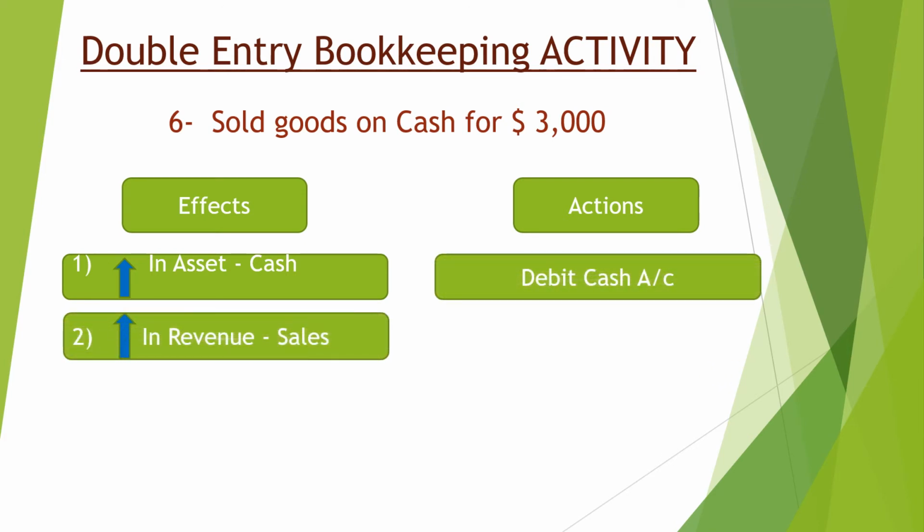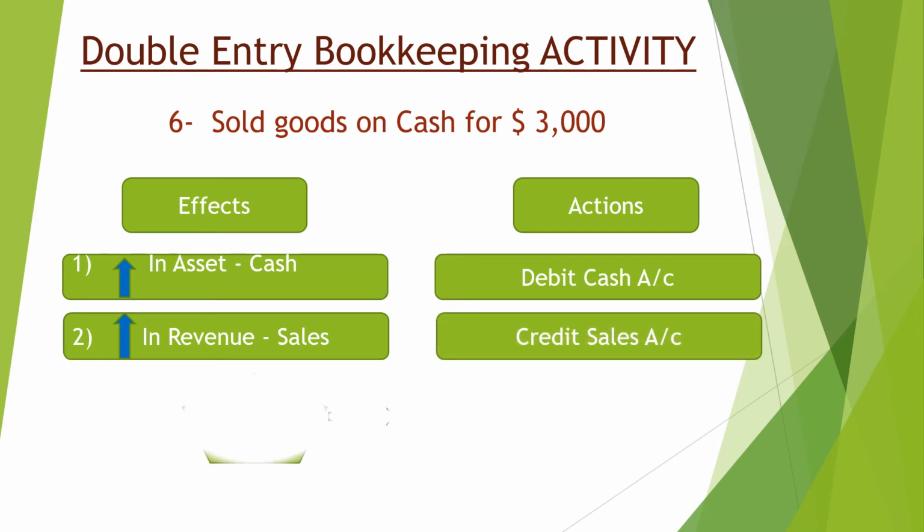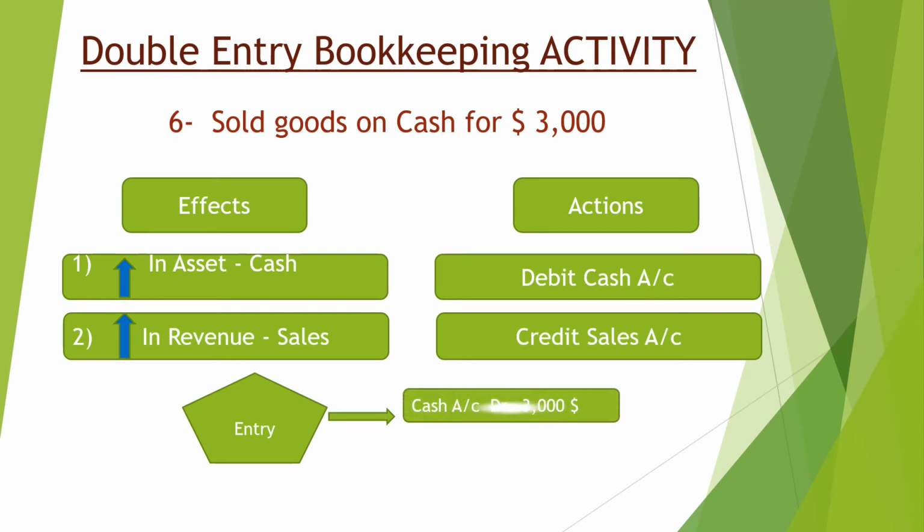The second effect is increase in revenue. The sales is a revenue, so the sales is increased, so it will be credited. So our final entry will be cash account debit 3000 and sales account credit 3000.